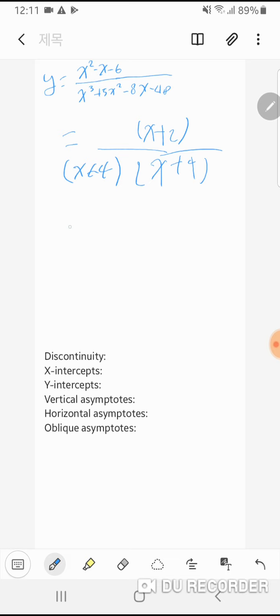If we put -4 in this function, it just doesn't work.